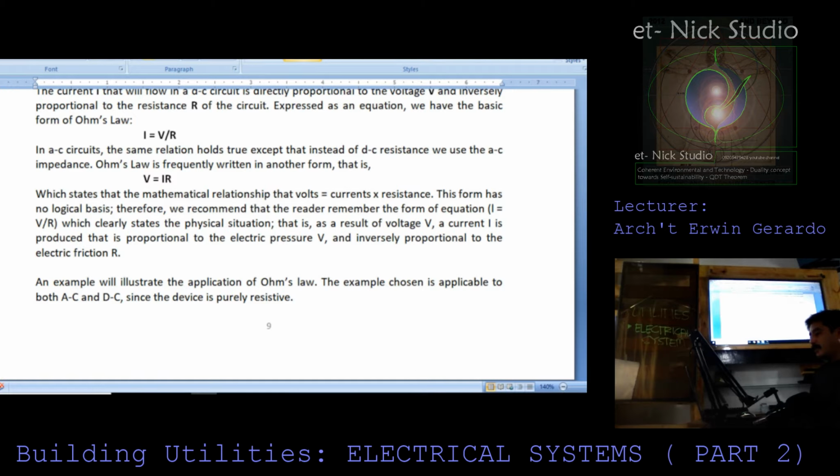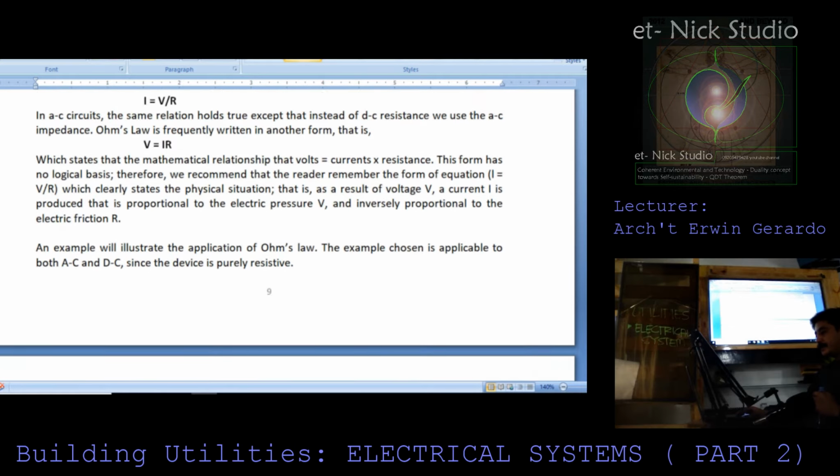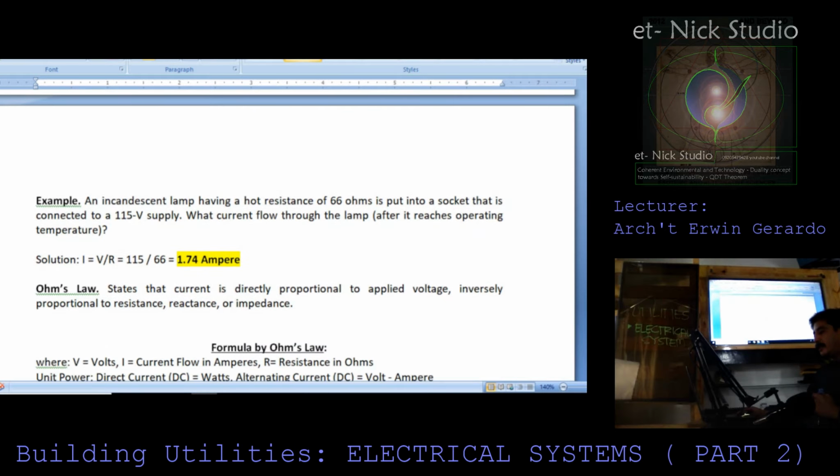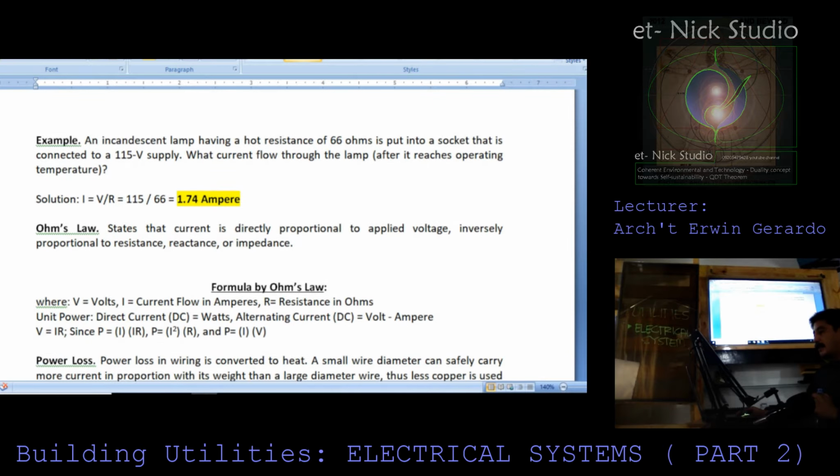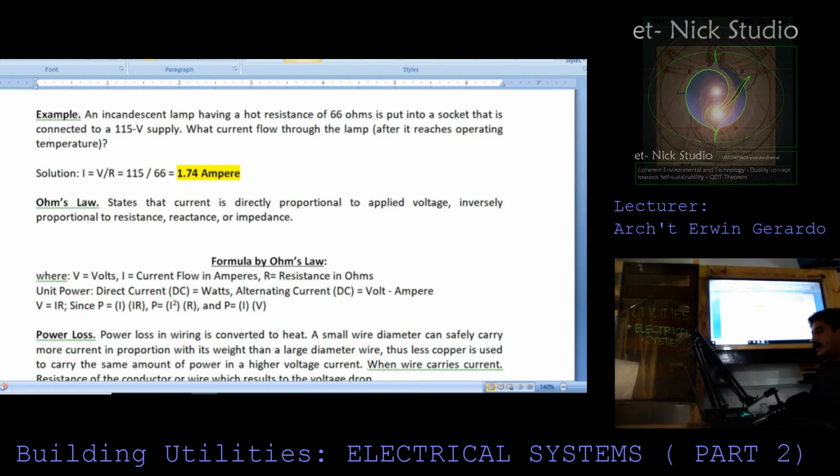An example will illustrate the application of Ohm's law. The example chosen is applicable to both AC and DC since the device is purely resistive. Example: an incandescent lamp having a hot resistance of 66 ohms is put into a socket that is connected to a 115 volt supply.